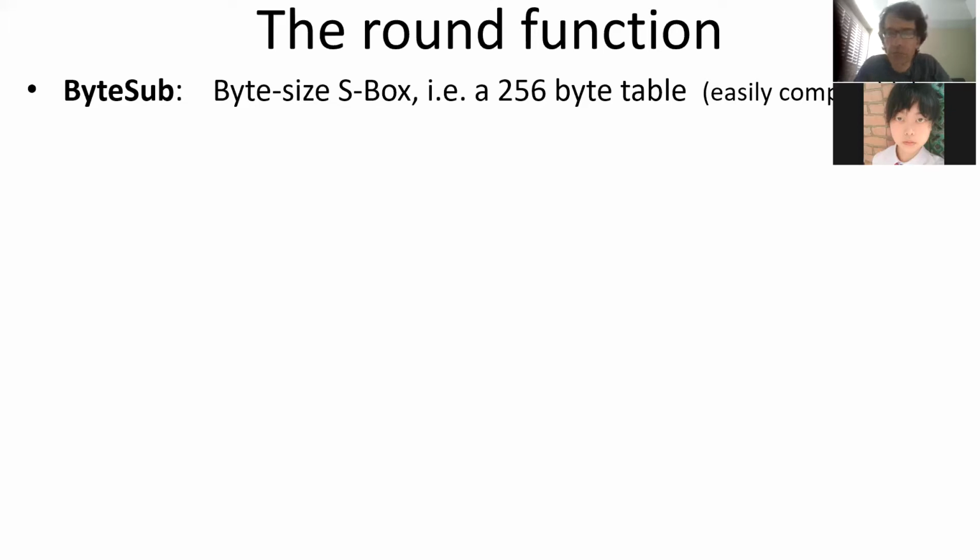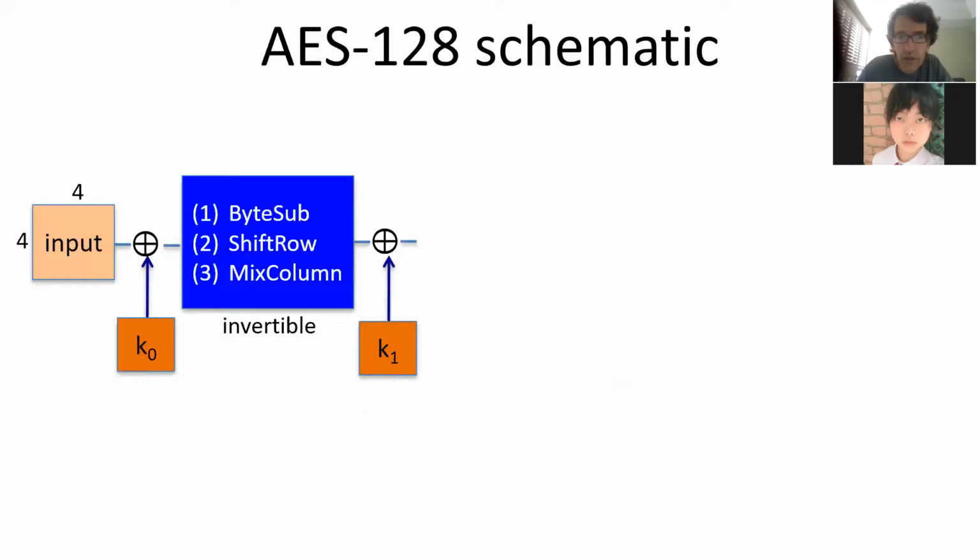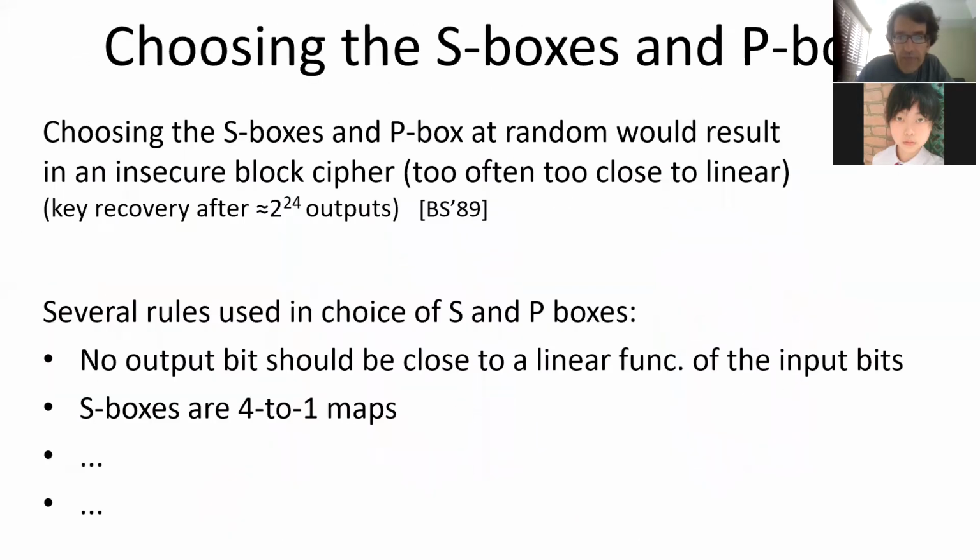I wonder, when we choose the S box, you said we can't choose it randomly. So what's the criteria to choose the S box? Well, the criteria was that there are some other forms of attack.